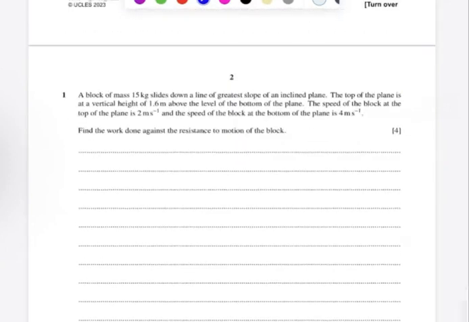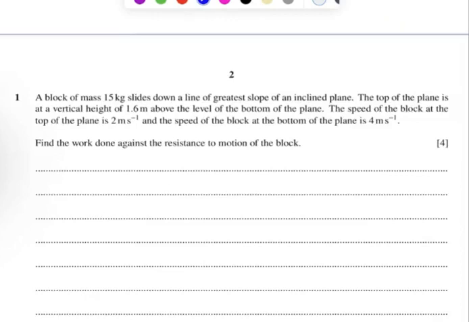So, question number 1. A block of mass 15 kg, or 150 newtons, slides down a slope that is inclined. The top of the plane is at a vertical height of 1.6 meters above the level of the bottom of the plane.